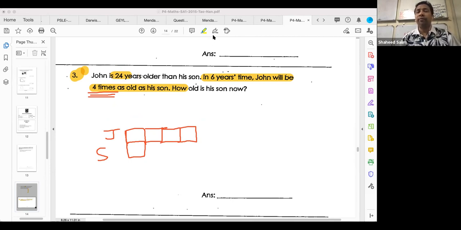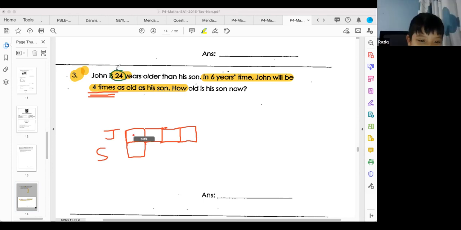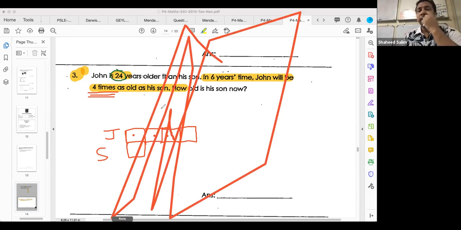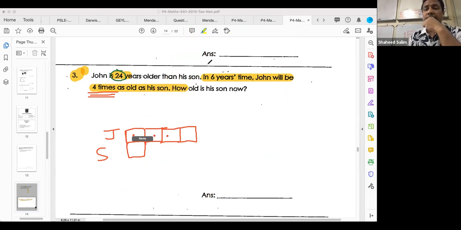So where is 24 years? Can you label on my diagram where 24 is? The difference, the difference.